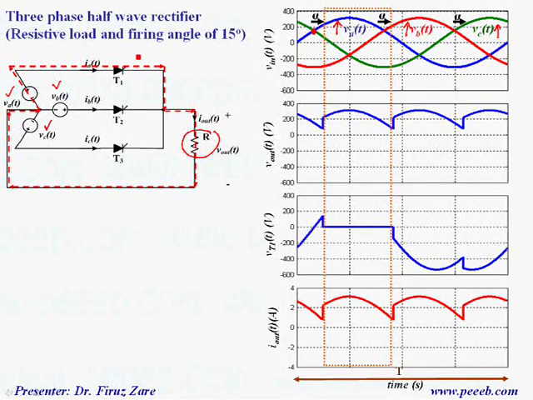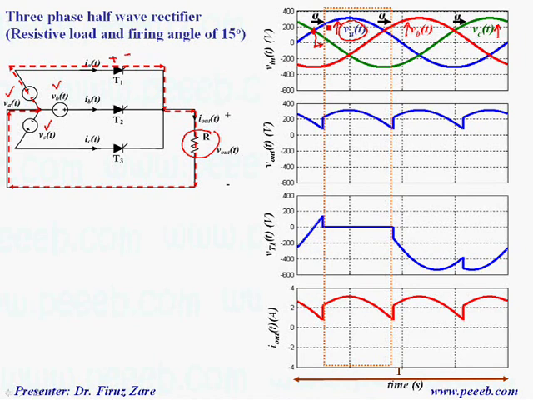So let's start with phase A. Beyond this time, phase A is greater than other phases. That means the voltage across this thyristor is positive. So when we apply a gate signal, we can turn on this thyristor.